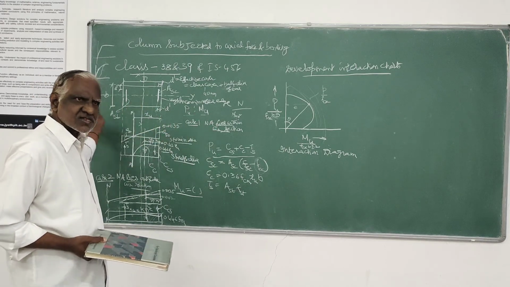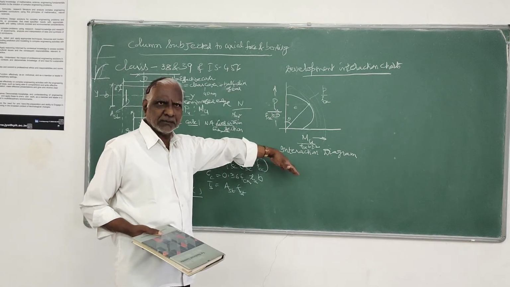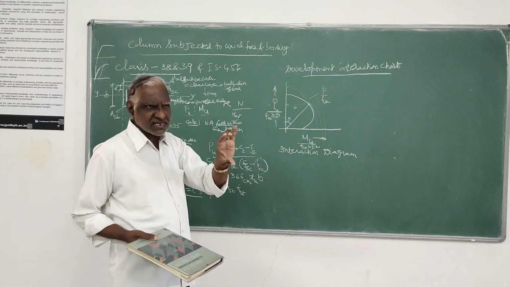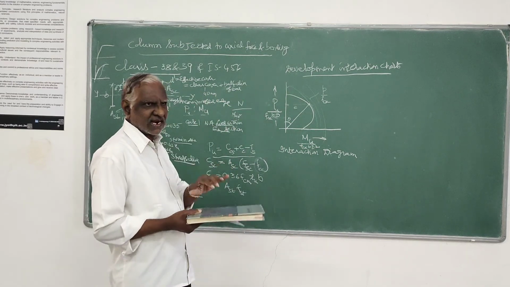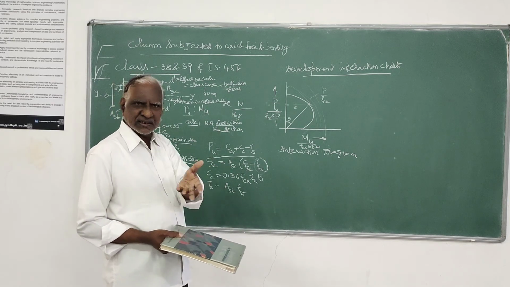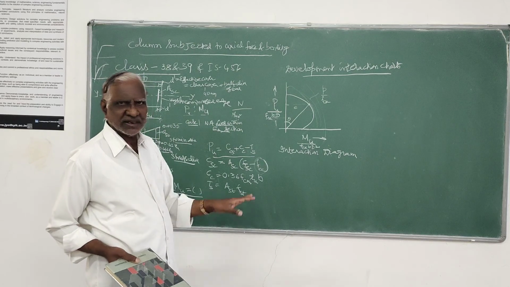For various assumed values of Xu, you will plot this as a non-dimensional plot and you will get this interaction diagram for a given section. So for those standard given sections, they have given the charts in a ready way. Those variables I have also told. Using that, you can design it.